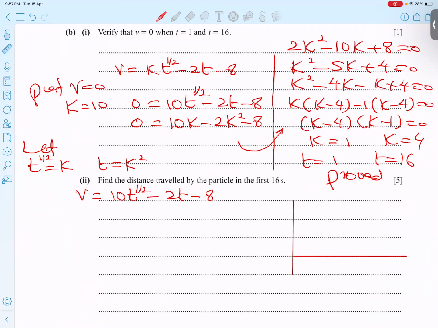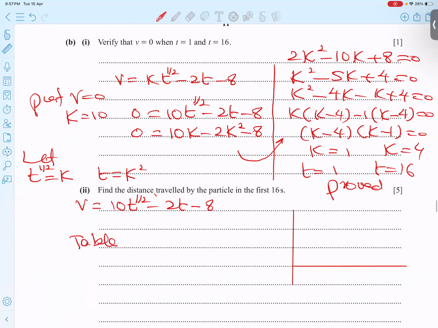There is a table function available in our calculator. If you take it, starting, because he said find distance traveled from the first 16 seconds, it means from 0 till 16. So 2, 4, 6, 8, 10, 12, 14, and 16.